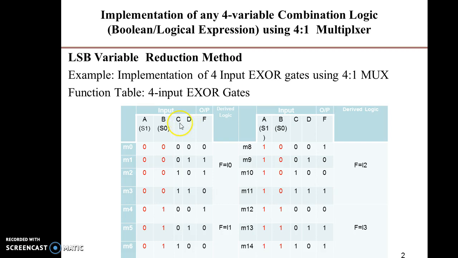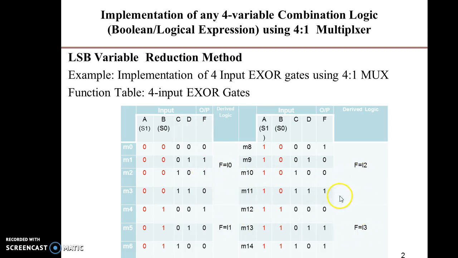So I can generate the logic corresponding to the variables that I am not mapping to the select inputs, that is C and D, and map that logic to the I0, I1, I2 and I3 data input pins of the multiplexer.